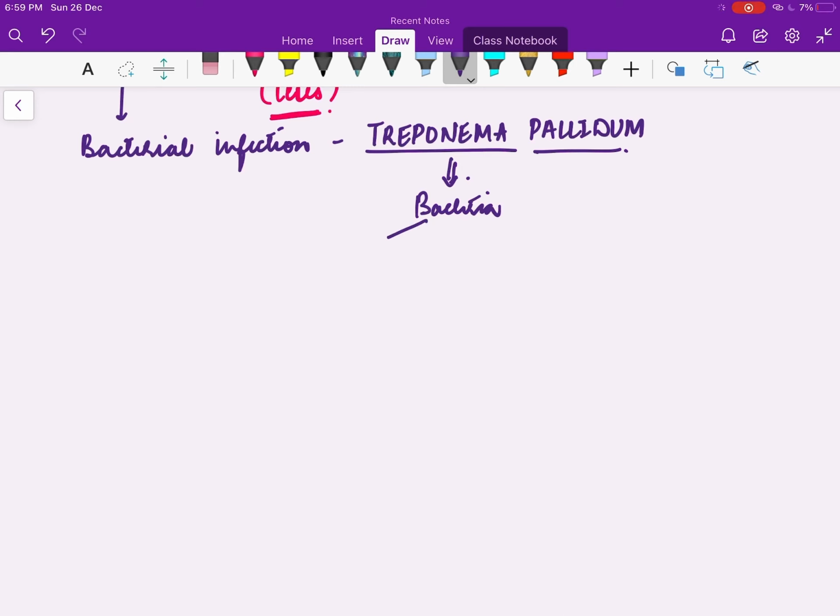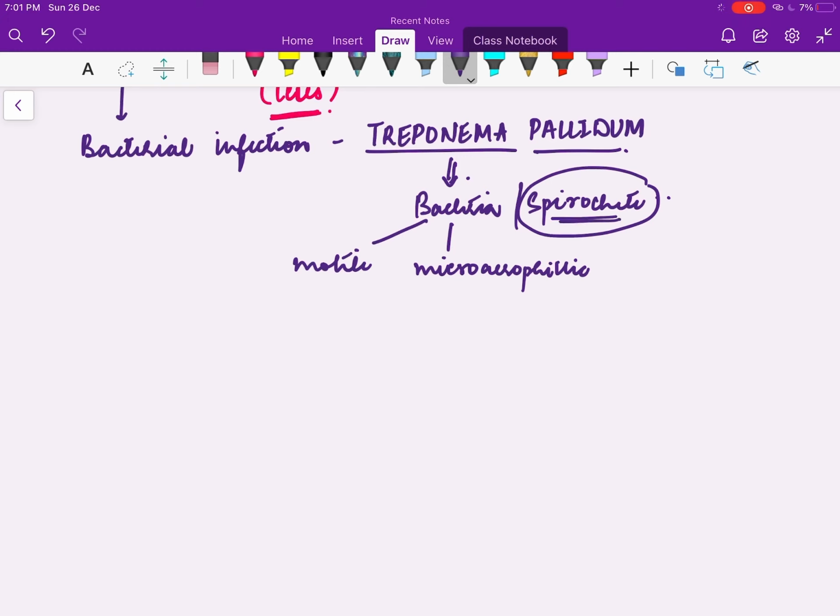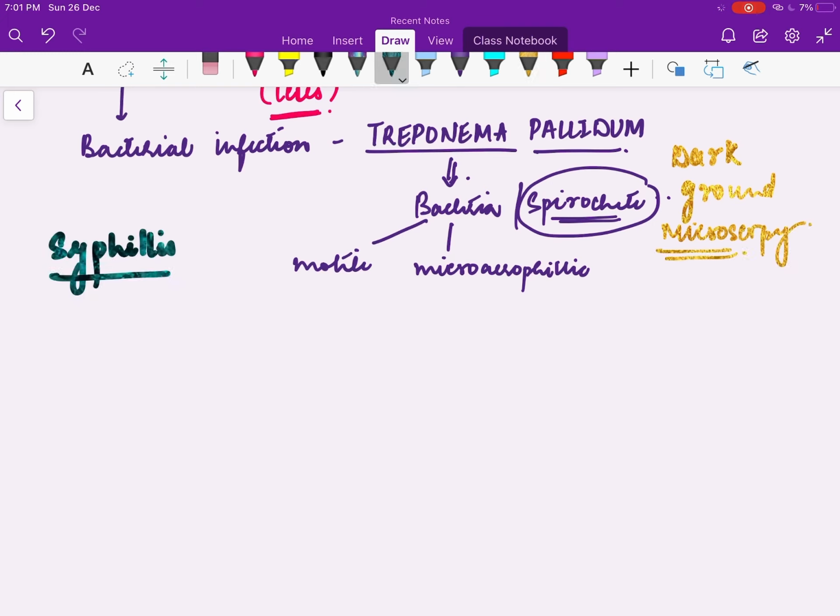Treponema pallidum is a spirochete that is motile and microaerophilic, and for diagnostic purposes you can go for dark ground microscopy. It can be seen in dark ground microscopy. We have two types of syphilis: first is congenital and the other one is acquired.